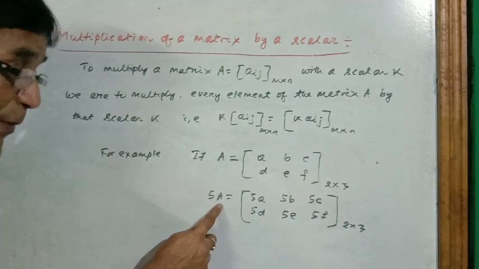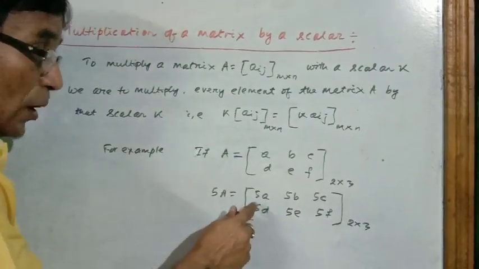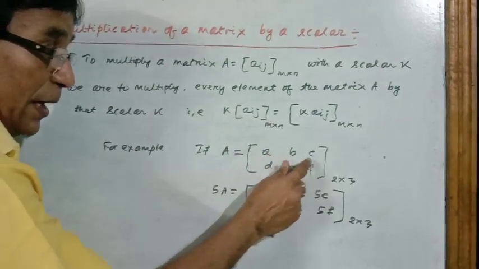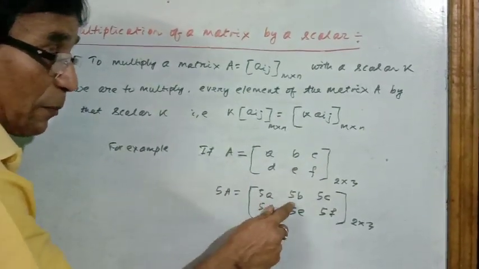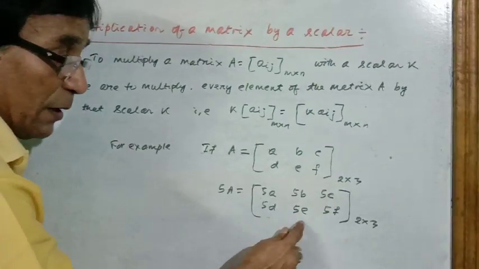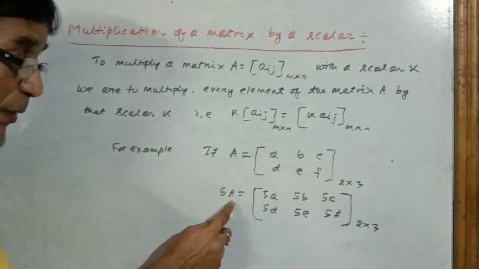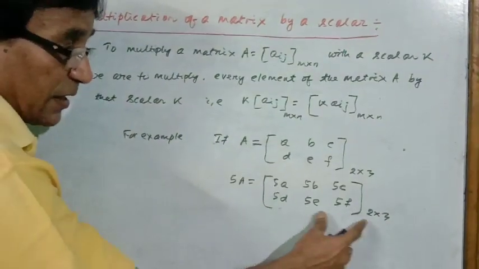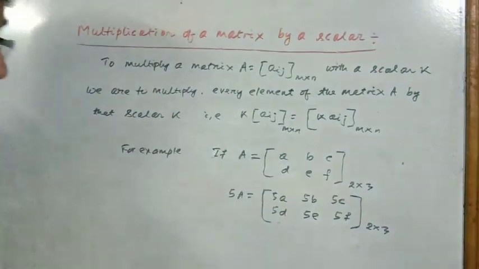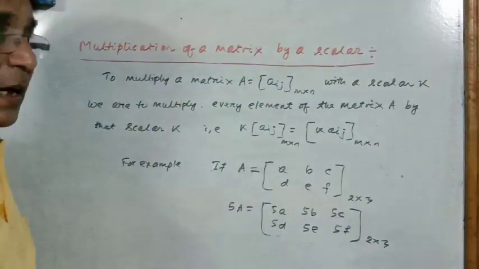Every element of that matrix is to be multiplied by 5. So it will be 5a, 5b, 5c, 5d, 5e, 5f. So it is the multiplication of a matrix A by the scalar 5, and the result is of the same order 2 cross 3. So this is called multiplication of a matrix by a scalar k.